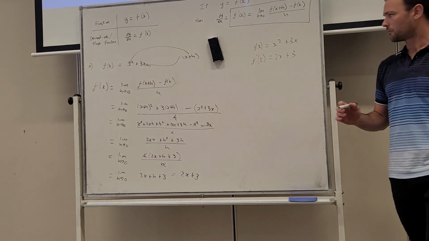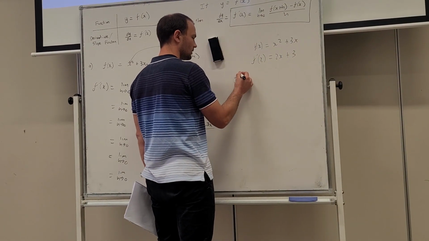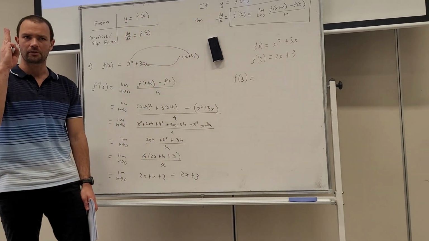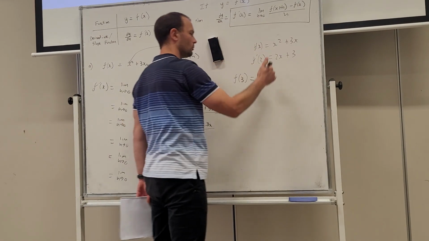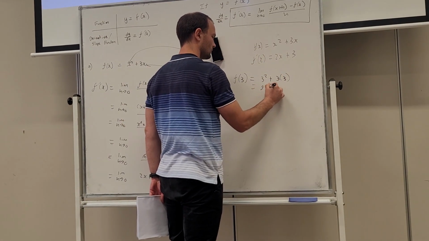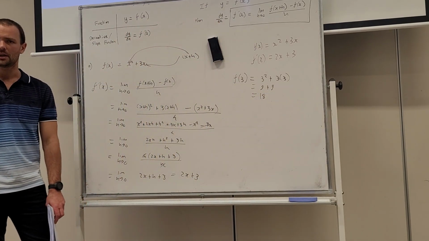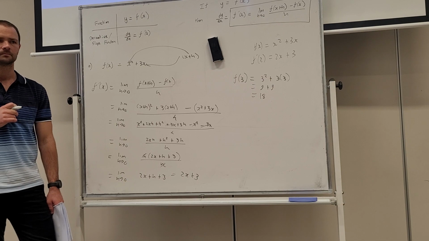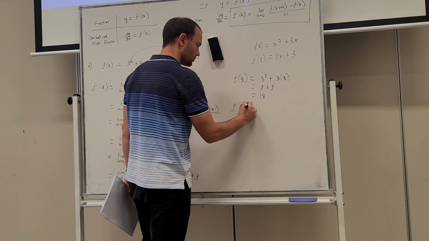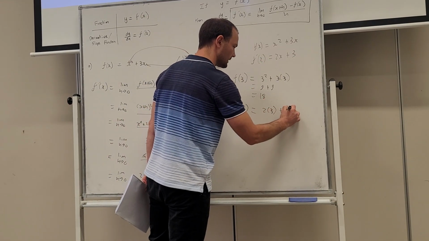Okay? So what that means is we want to know the y value when x is 3, f of 3. We put the number 3 into the function. We'll have 3 squared plus 3 times 3. So we have when x is 3, y is 18. We'll put 3 into the slope function. We'll have 2 times 3 plus 3.